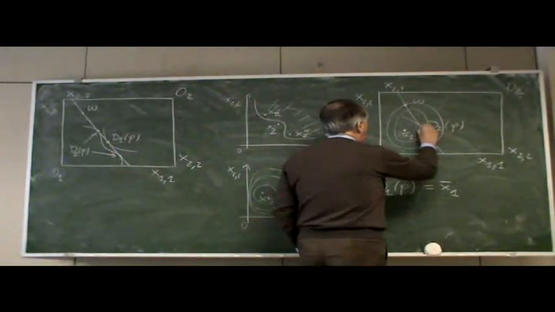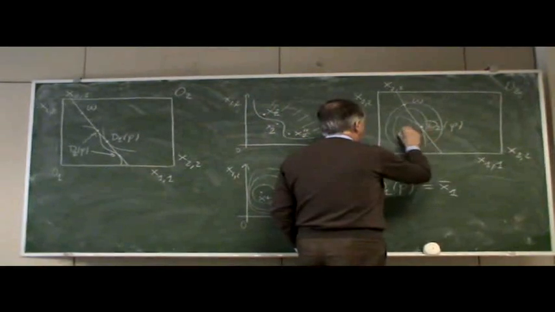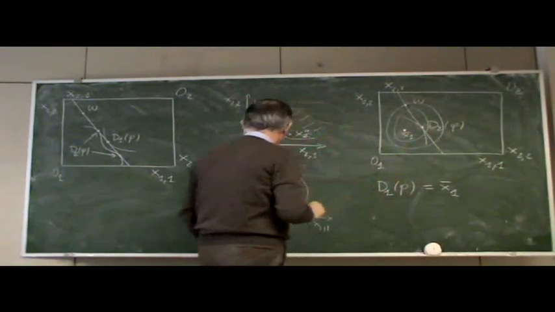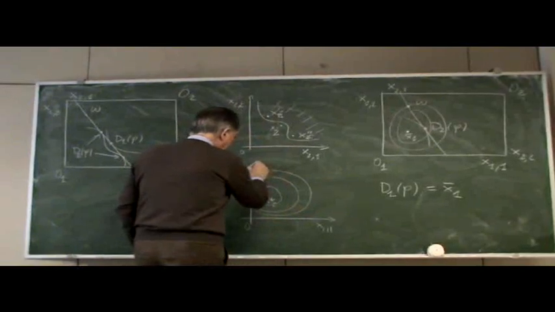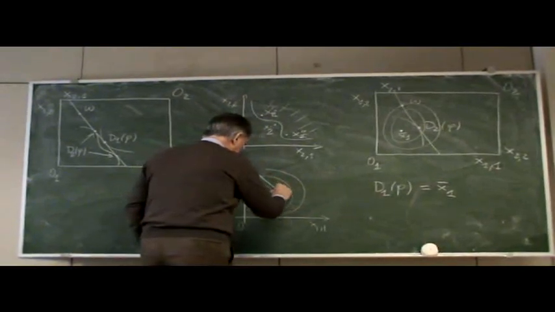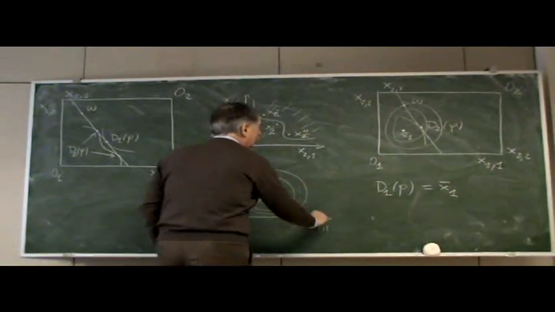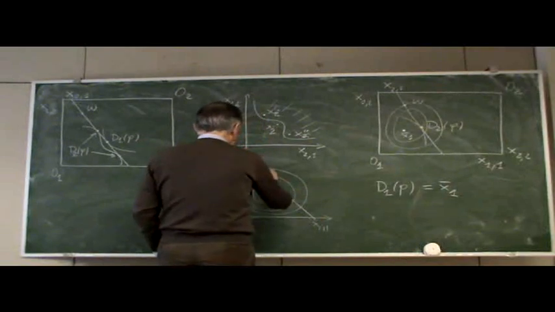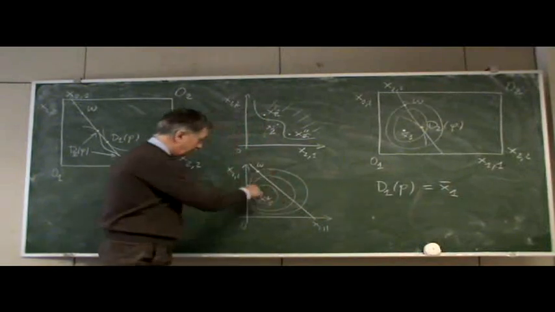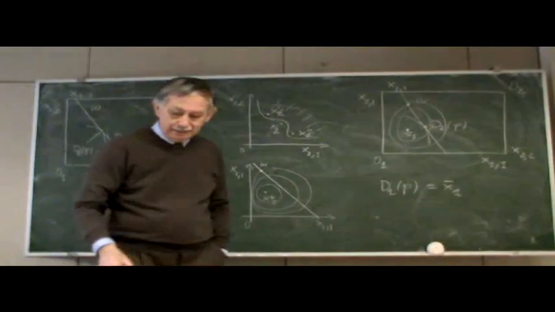This is the optimal point of subject 2. This is the optimal point of subject 1. Let us represent the situation of subject 1 directly. This is omega, and note the optimal point is below the budget line.